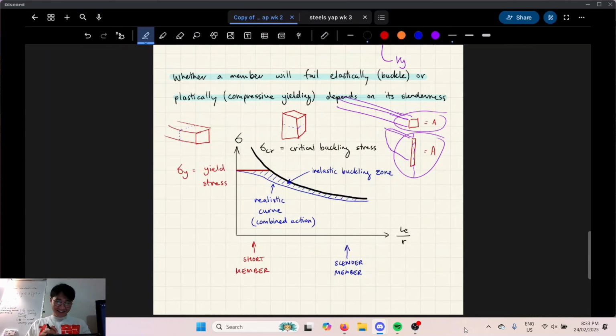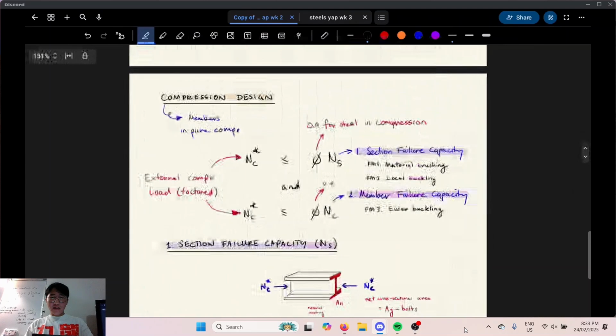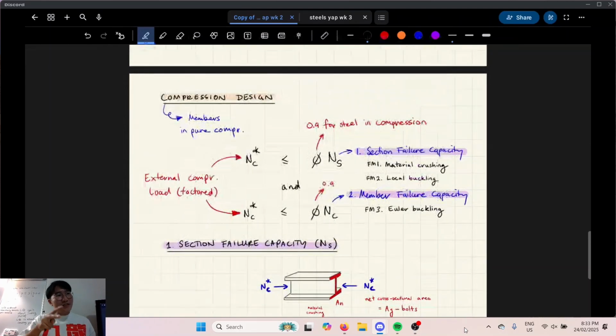Anyway, here's the actual compression design. It's similar but different to tension, because in tension you're doing two simultaneous checks. In compression, and for flexure, this will be the case as well. You always have to do the section check first and then the member check. On the left, we're familiar with this notation now.